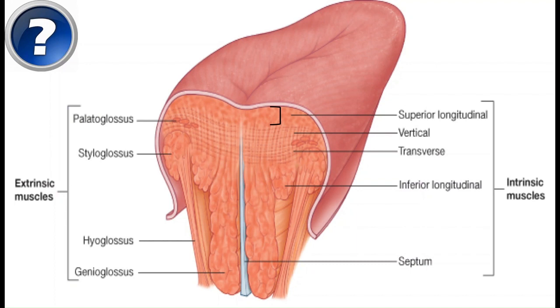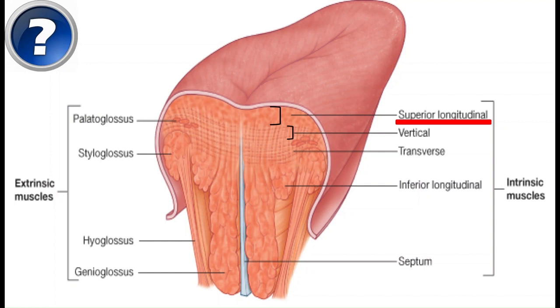So the most superior intrinsic muscle is superior longitudinal, coming between the anterior and posterior part of the tongue, and when it contracts, it makes the tongue as a ball.